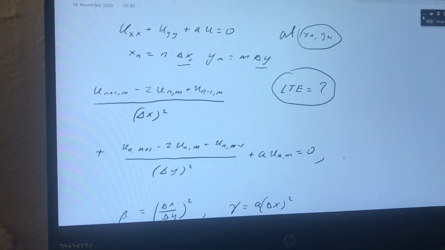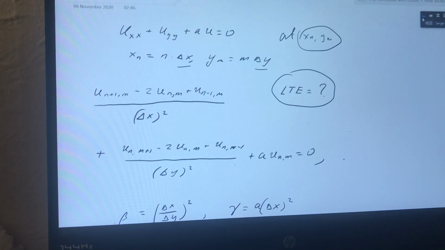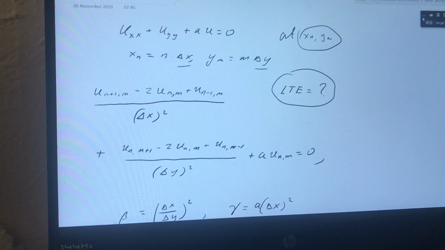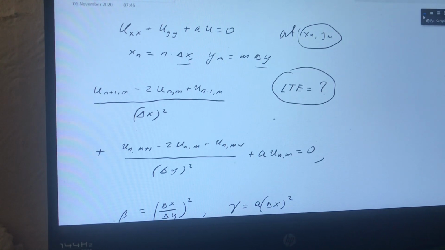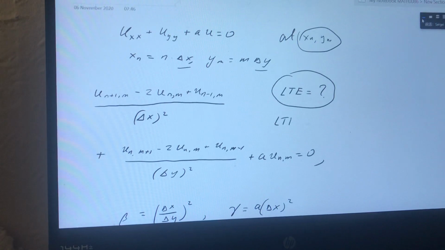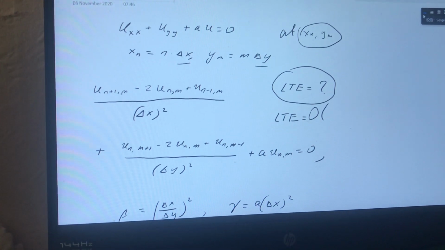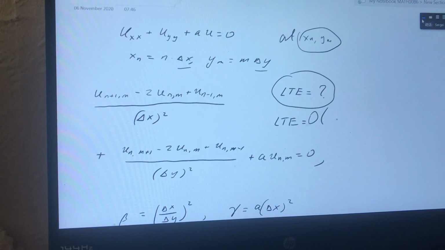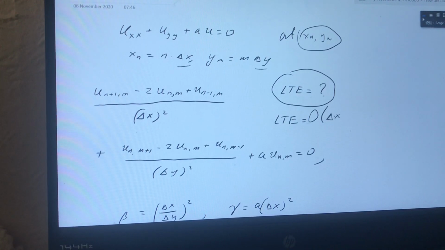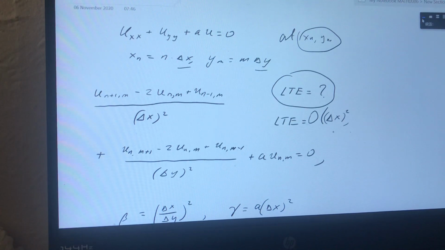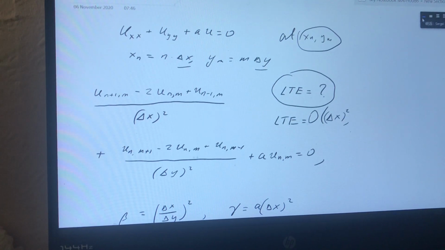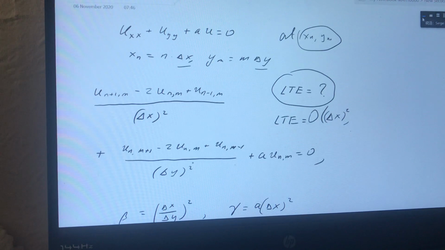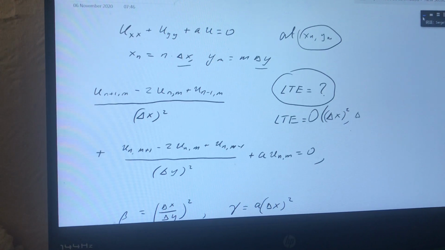What's the local truncation error? If you go over the Taylor expansions, you prove, like we do for an ordinary differential equation, that the local truncation error is big O of what? The truncation error created by the approximation for the second x derivative, and we know that this is a second order approximation, therefore it's delta x squared, plus the truncation error from the second y derivative, delta y squared.